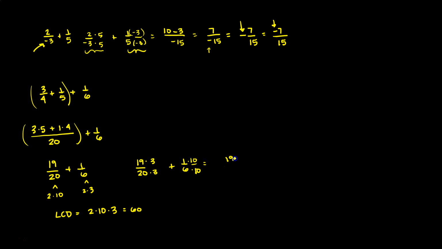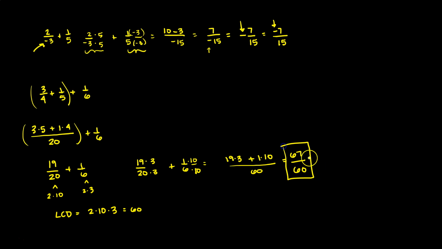Then I'll have 19 times 3 plus 1 times 10 on top over 60. 19 times 3 plus 10 is 67, and 60 is our denominator.